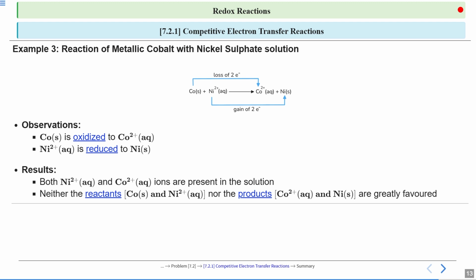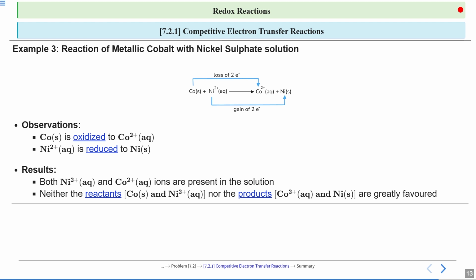Let me repeat this line because it is very important to understand the concept of electron transfer: neither the reactants, Co and Ni2+, nor the products, Co2+ and Ni, are greatly favored. I hope this is clear to you, what has happened in this particular chemical reaction.